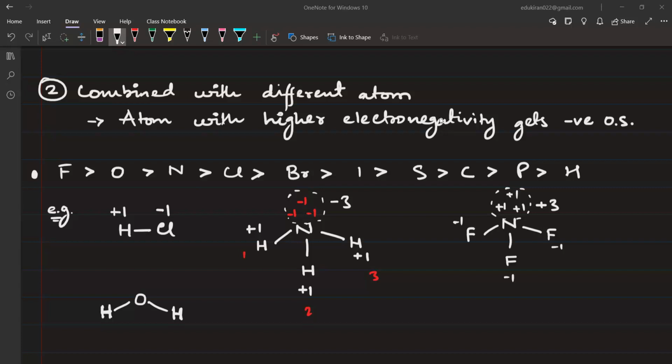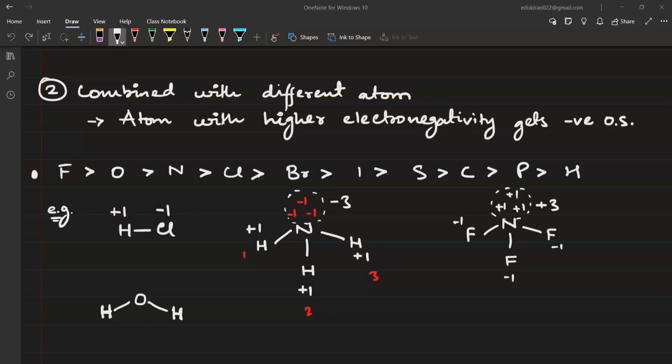No answers. Which is more electronegative? There is a bond between oxygen and hydrogen, right? Tell me which is more electronegative, oxygen or hydrogen?